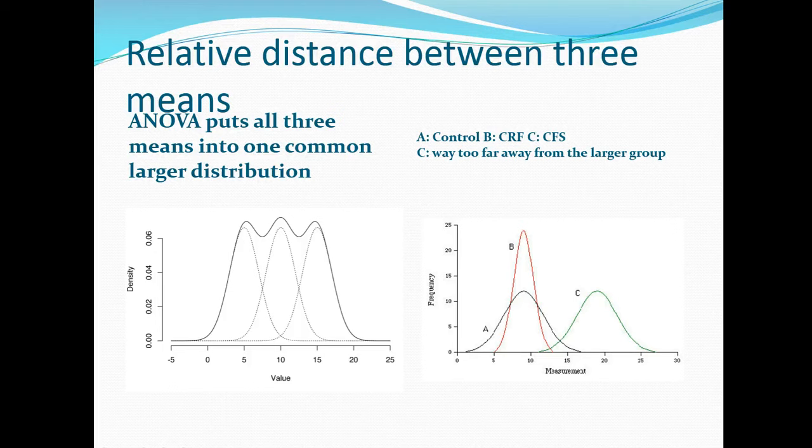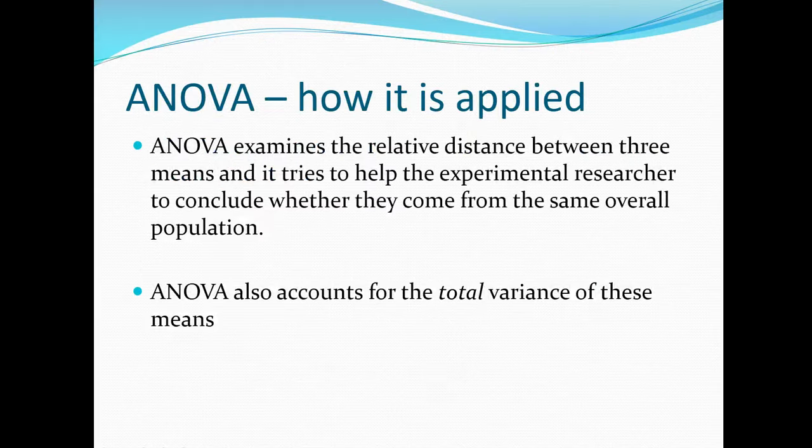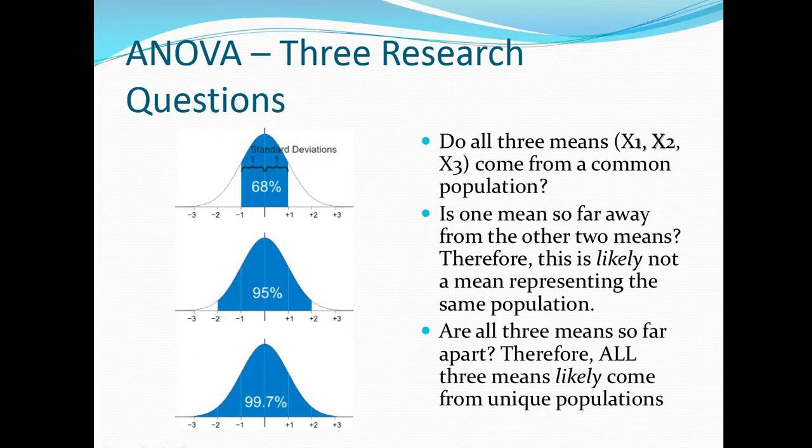And ANOVA will analyze that variance and will give you a test statistic on whether you are going to be able to answer yes or no to one of the three research questions that ANOVA attempts to answer.